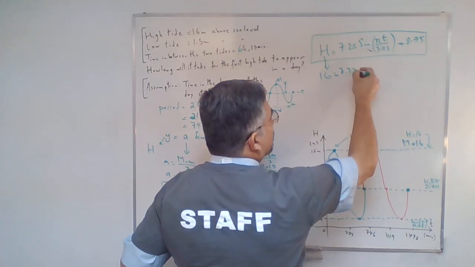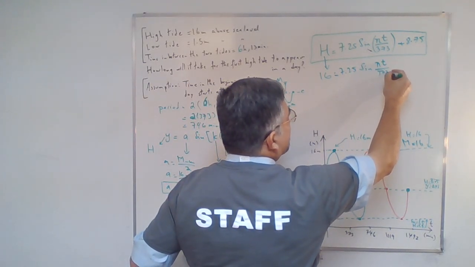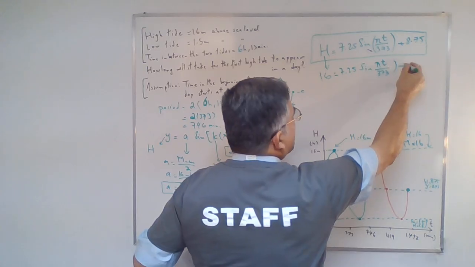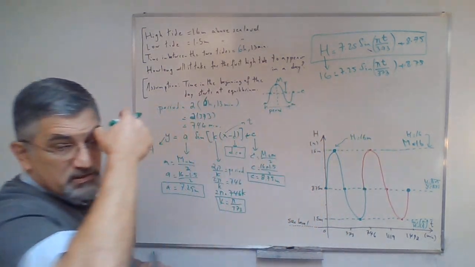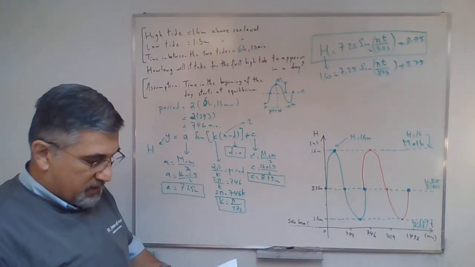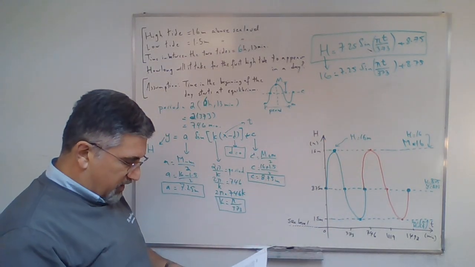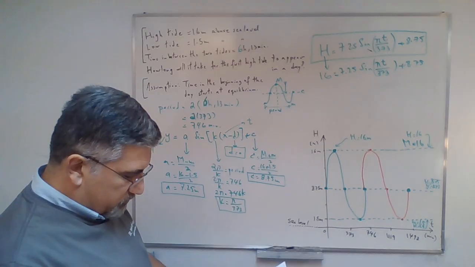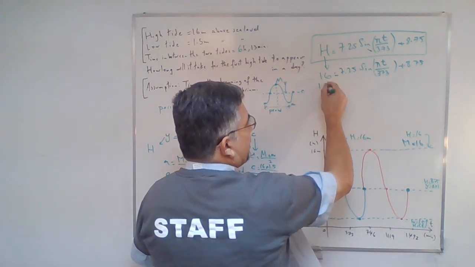So 7.25 sine of pi t over 373, plus 8.75. So this is the equation we need to solve. The height is 16 meters, and we need to solve for time t. So in order to do this, obviously, we're going to move 8.75 to the other side.